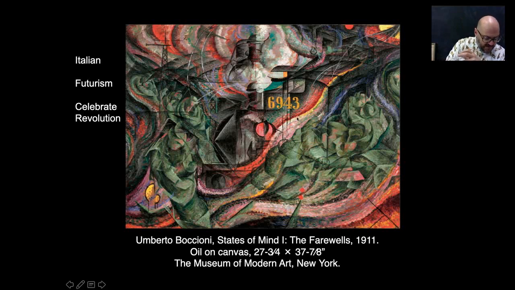This is an early painting by Umberto Boccioni, and it shows a train station in the cubist mode of fractured reality and kind of trains coming and going. And see how the letters are here? This was an homage to the collage type style of Picasso in his works around this same time.